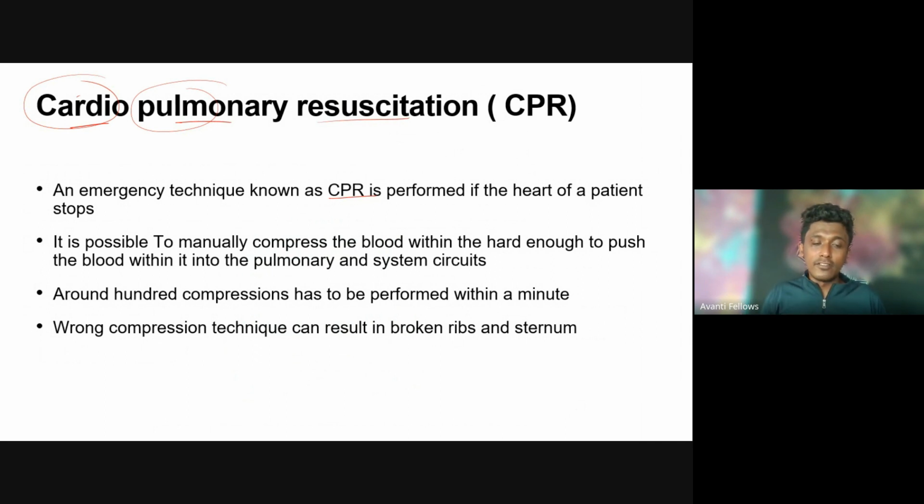If you place your hands in the wrong position and press with high force, you might end up breaking the bones, especially the rib bones, and it might puncture the lungs, and the chances of saving a person might go in the opposite direction. You might really kill a person if you don't know where to place your palm.